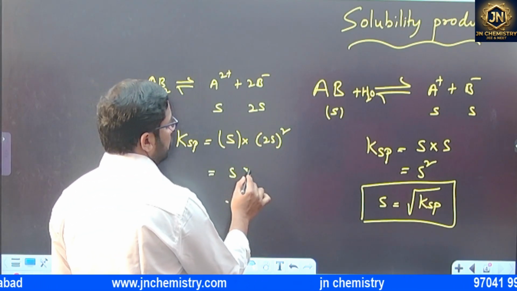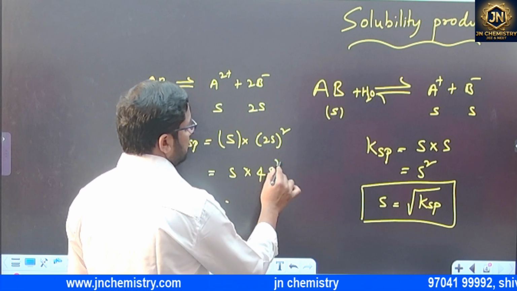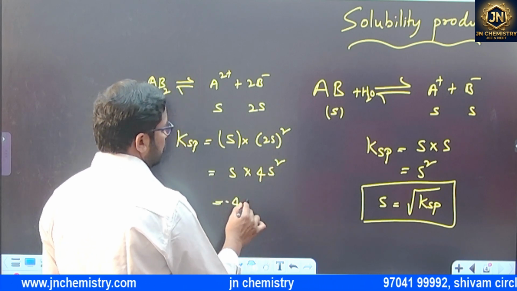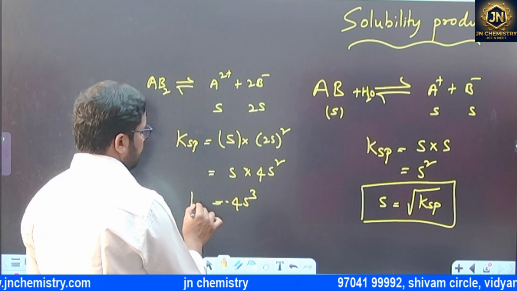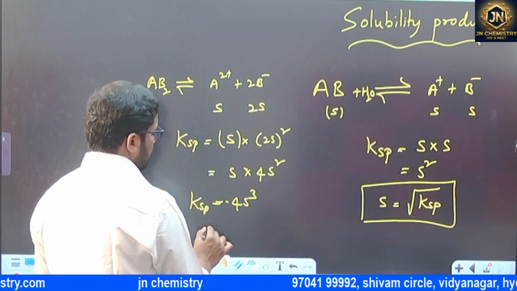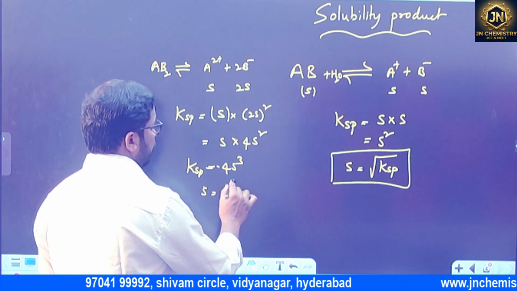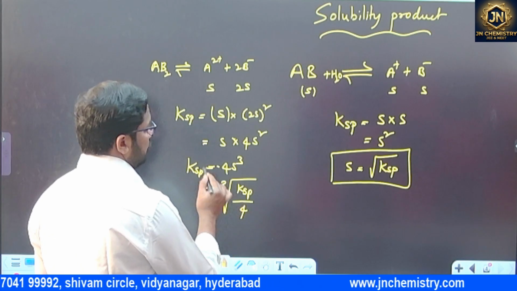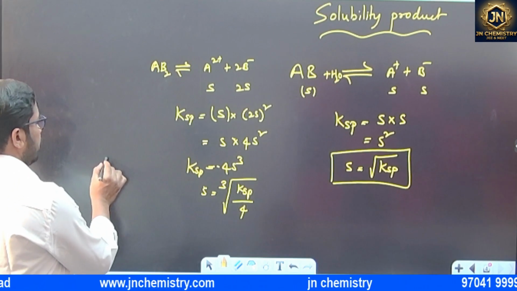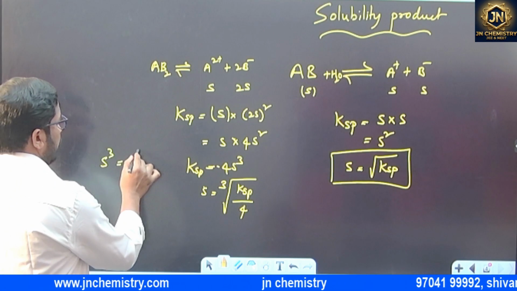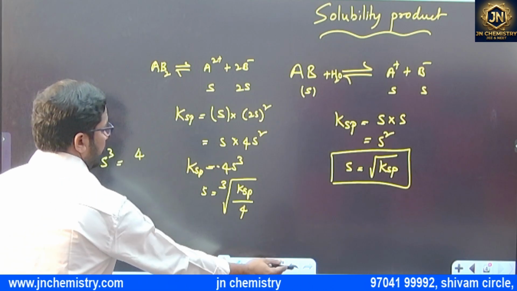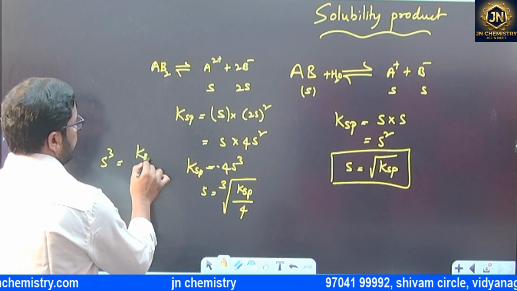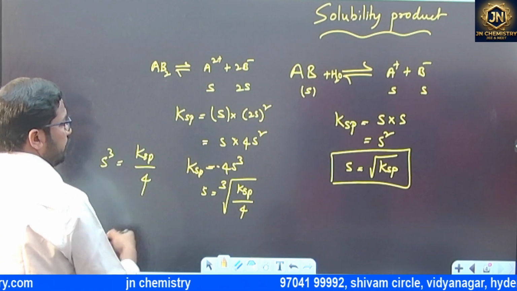S into 4S², nothing but 4S³. Ksp is equal to 4S³, so S is equal to the cube root of Ksp by 4.